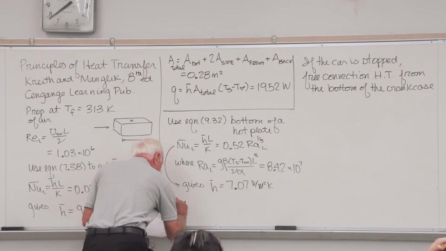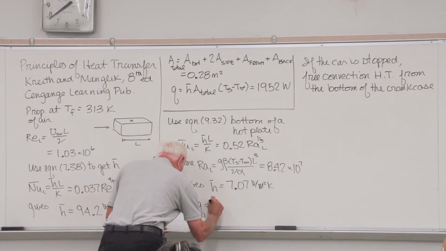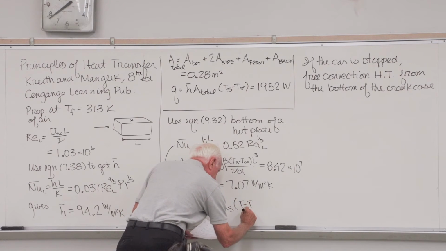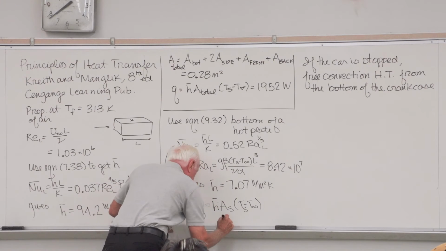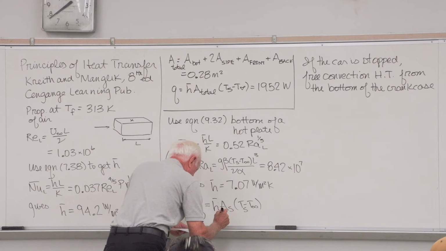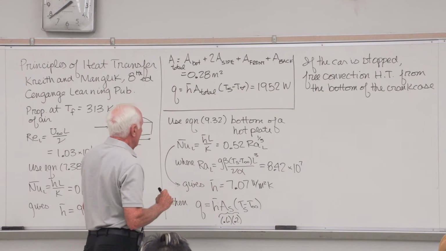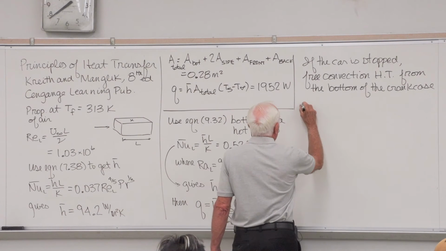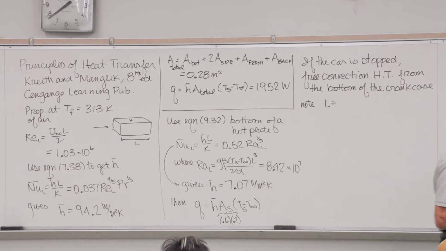Then find Q. That surface area is 6/10 times 2/10. Yeah. Horizontal plate.